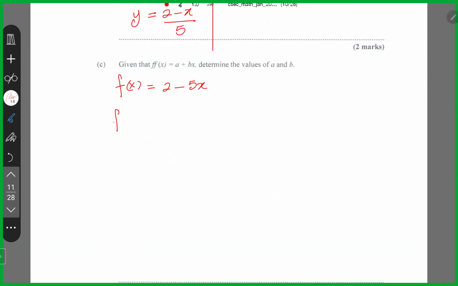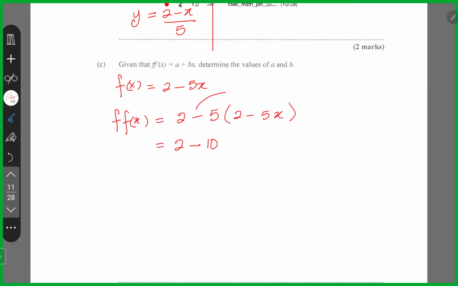So we want f of f of x. We're going to write the f function, which is 2 minus 5x. But wherever we see x in the f function, we are going to put f. So we're going to replace x with 2 minus 5x. Then we're going to simplify. This is 2 minus 5 2s, 10. We're applying distributive law.